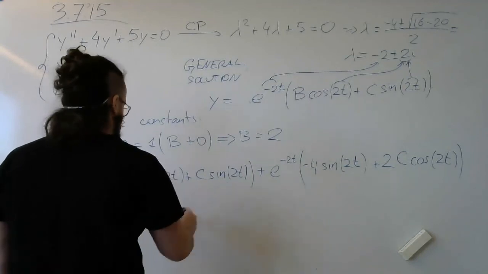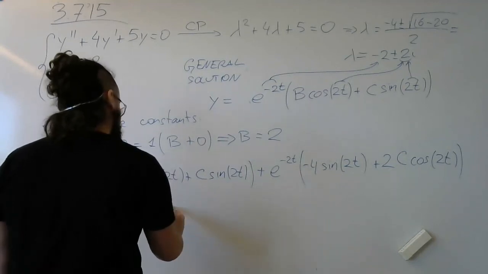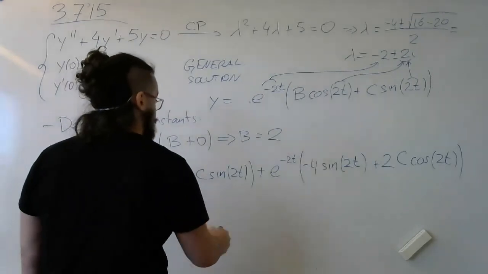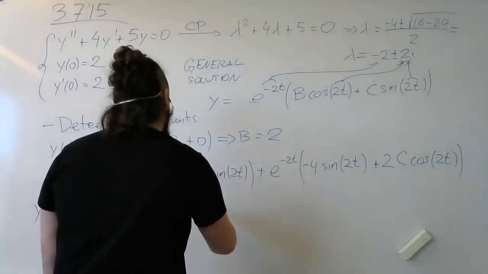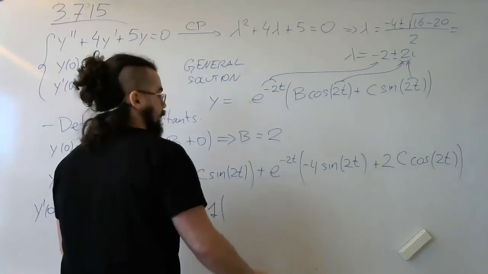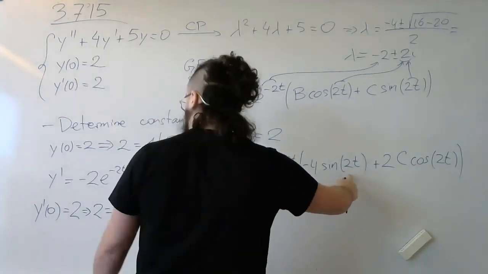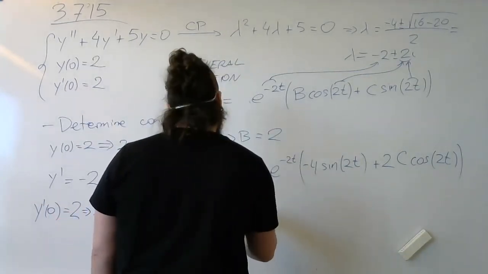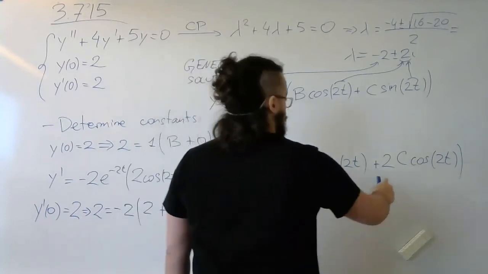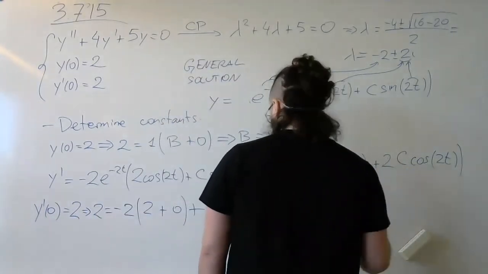C sine of 0. 0. Plus 1. That multiplies minus 4 sine of 0. 2c cosine of 0.